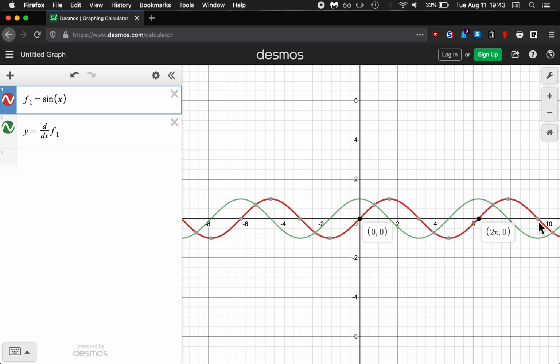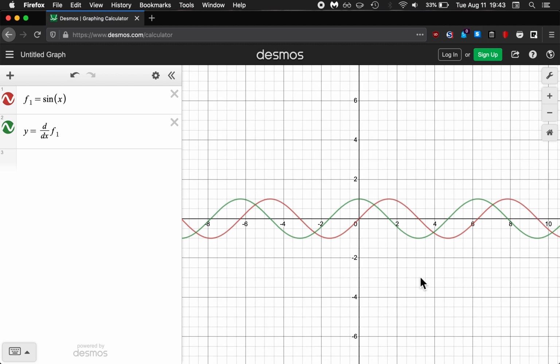So if the sine function itself is repeating every 2 pi units, it makes sense that its slopes are also repeating. At x equals 0, I've got a slope that's at a 45-degree angle, so that'll be a slope of 1.